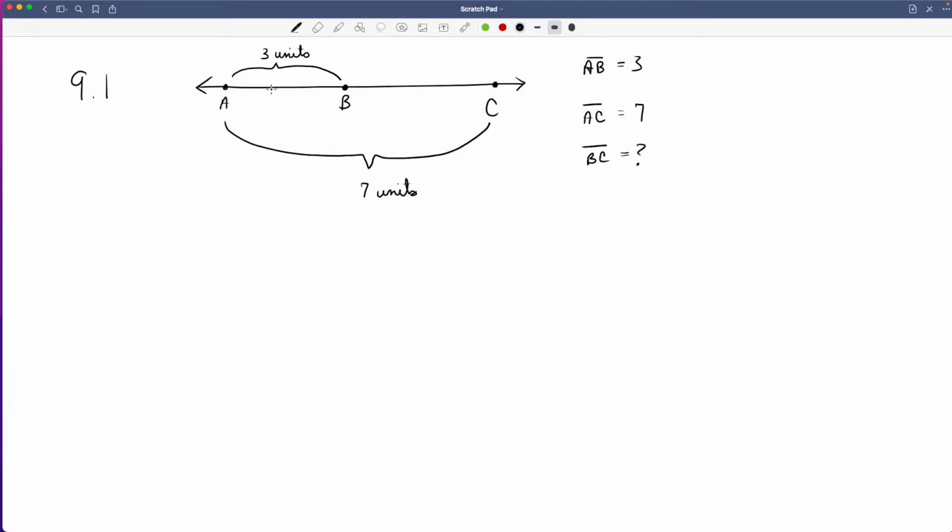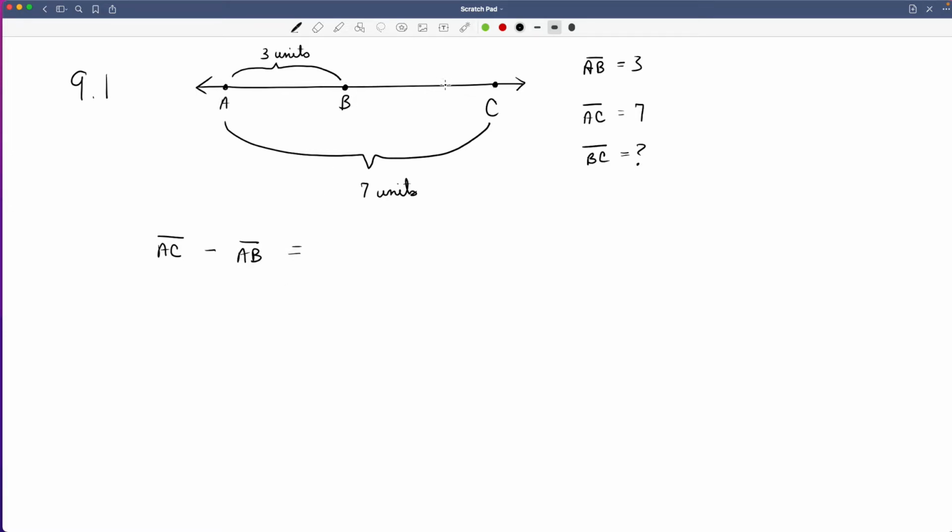So the easy thing to do, or the thing that makes the most sense, is to say, okay, which one is longer? Which one includes the other one? So line segment AC includes line segment AB. So if we take the whole thing and subtract, so let's say we would take AC and subtract AB, that should be it.